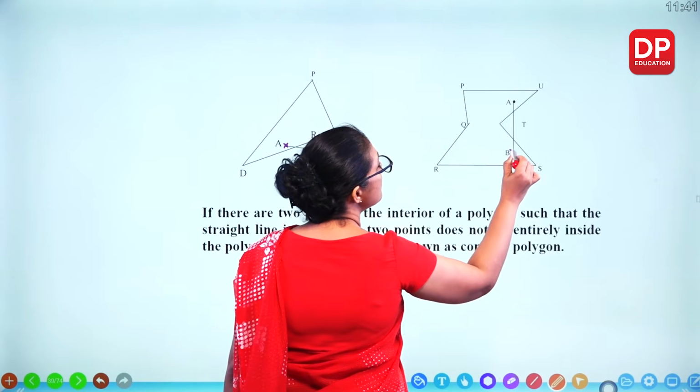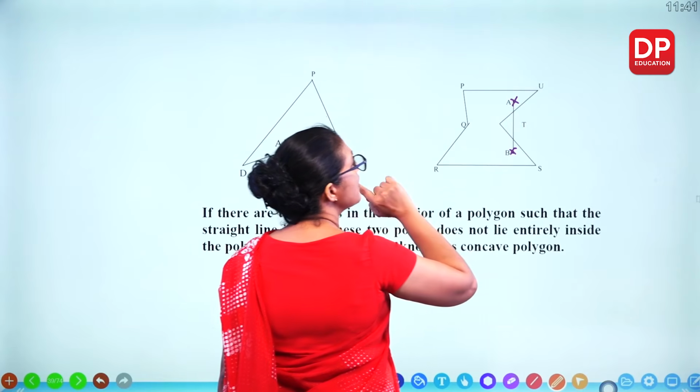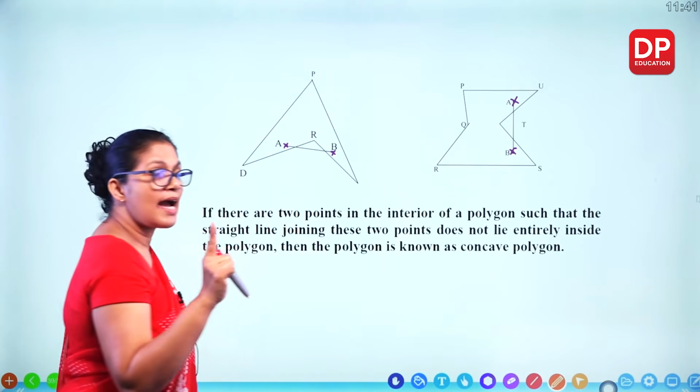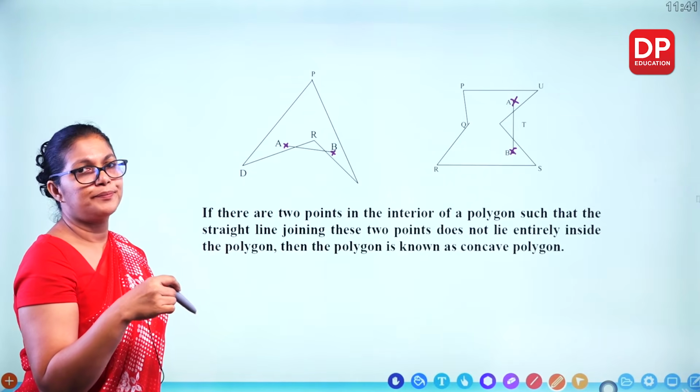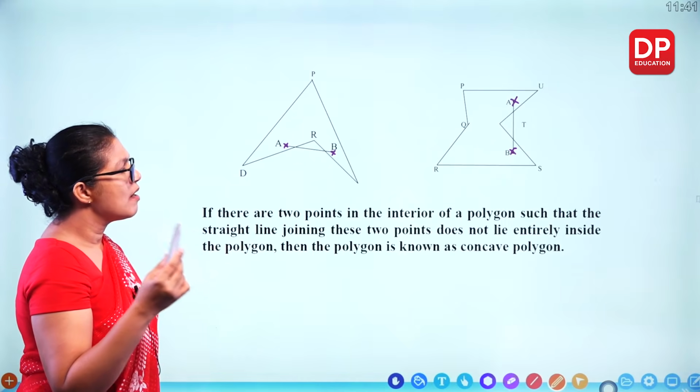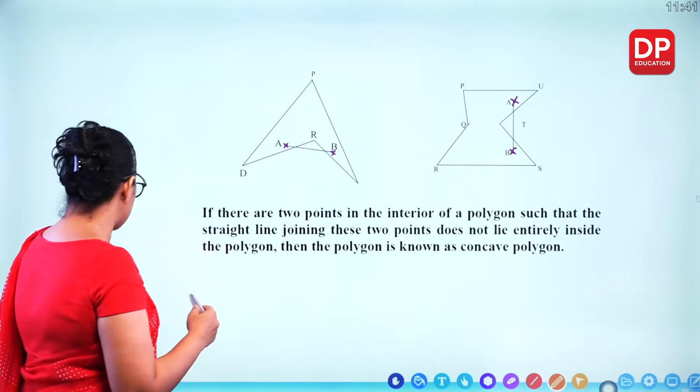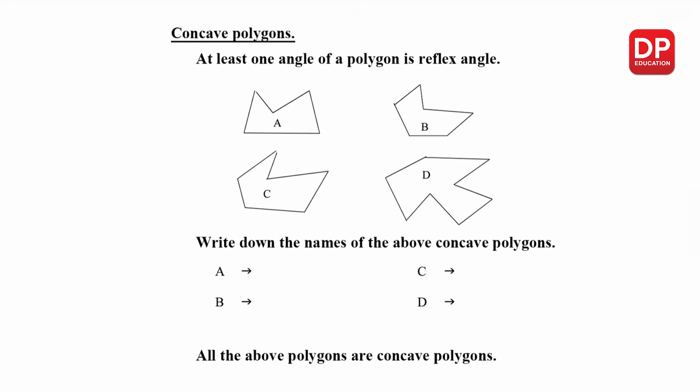Look at this one. Points are inside the polygon, but when you connect with a line, that is not entirely inside the polygon. So what are those? Concave polygons.